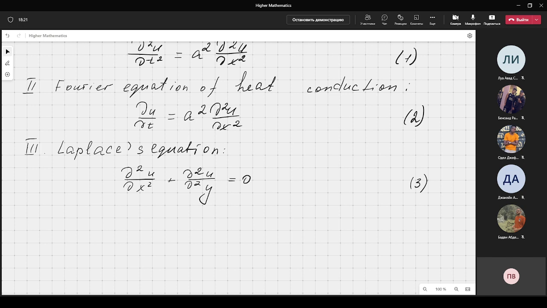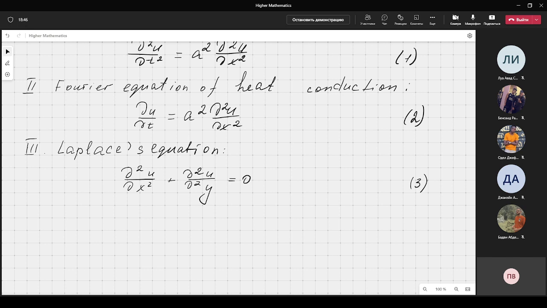This equation is the simplest in the class of elliptic equations. In equation 1, 2, and 3, the unknown function u depends on two variables. Also considered are appropriate equations of functions with a larger number of variables.